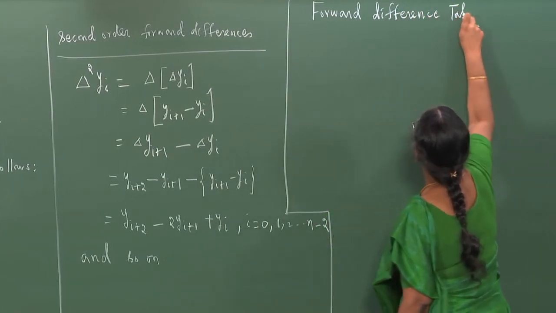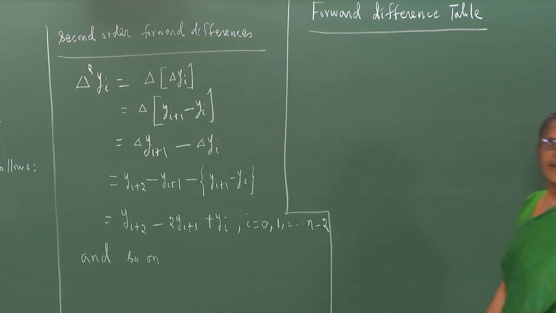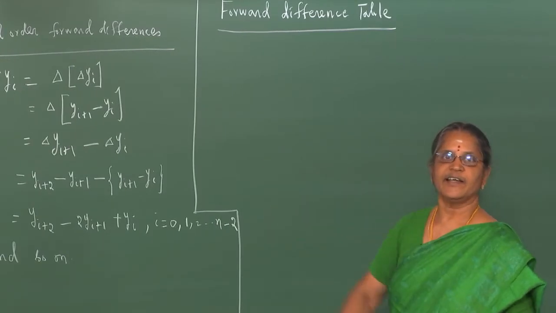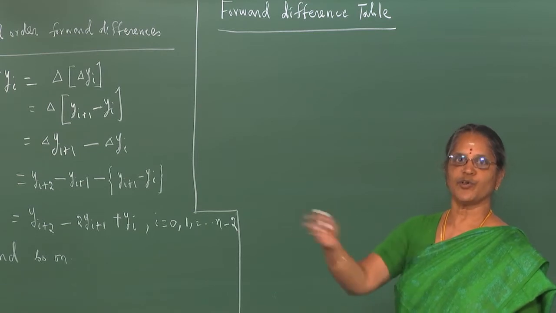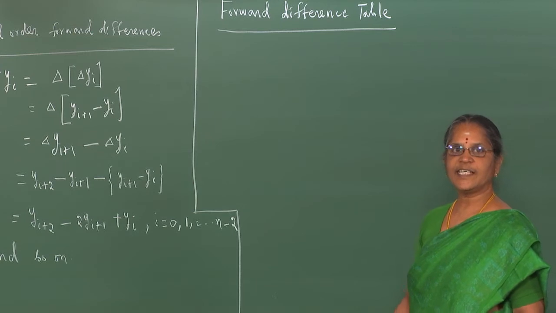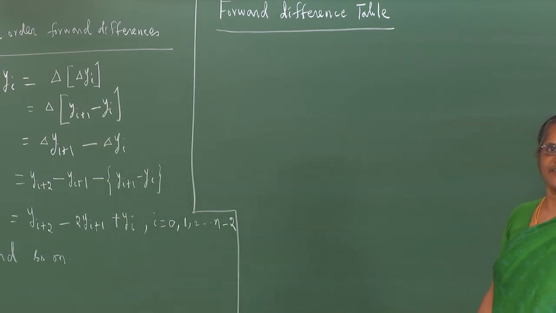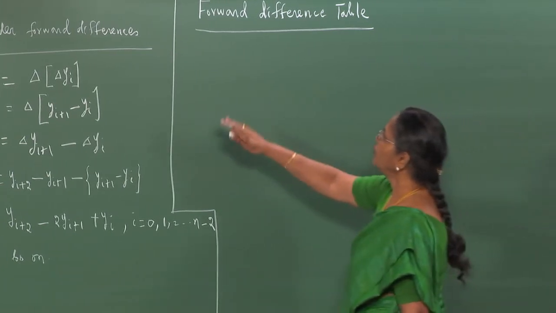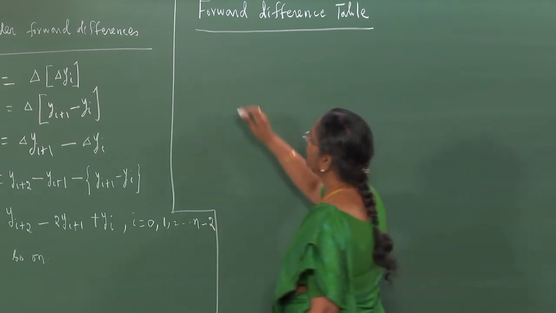With the help of this table, we will be writing down an interpolation polynomial of degree at most n when we are given a set of n plus 1 points. It is easier to write down the interpolation polynomial for a set of given discrete values. So, we would like to see how we can form a forward difference table.